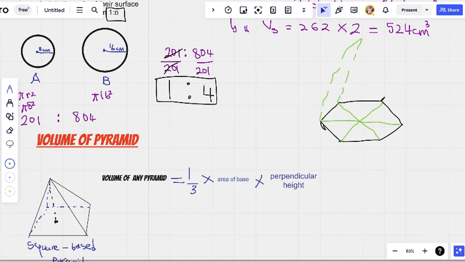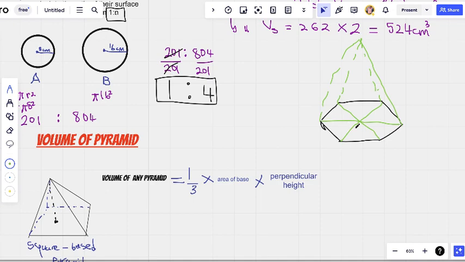So this is an example of a hexagonal pyramid.